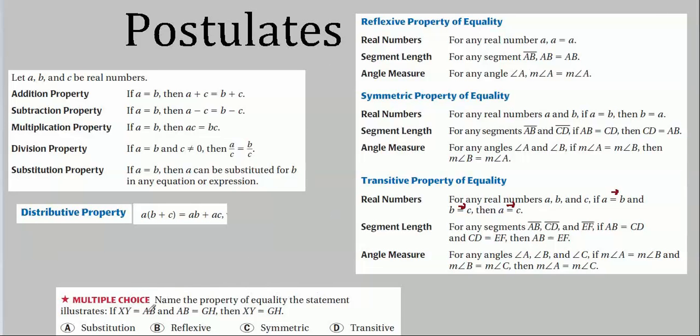And who cares? Doesn't really matter. What matters is the property we're using here. We've got XY equals AB, AB equals GH, and that implies that XY equals GH. Well, what did we do? We just kind of went straight through the AB, jumped over it, went from XY to GH here. And that was that one, wasn't it?